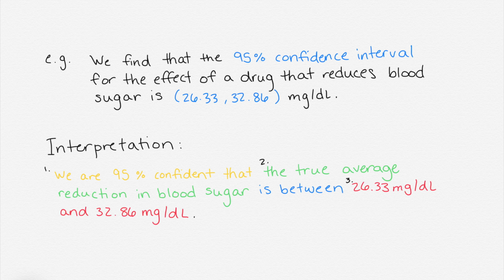So we would say that's between 26.33 milligrams per deciliter and 32.86 milligrams per deciliter. The words in part 2 and the numbers and units in part 3 will vary depending on the problem context. And this isn't the only way to interpret a confidence interval, but I do find it a pretty standard interpretation, and since it only has 3 parts, it's not too hard to remember.